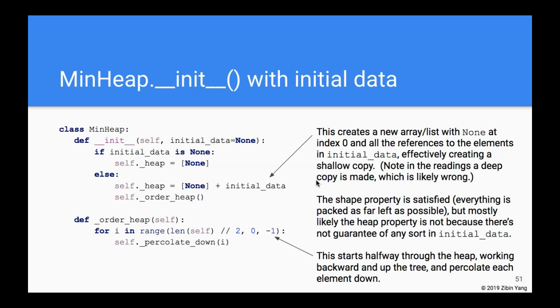Now, we have to point out, it's very important that this list concatenation creates a new list that is the concatenation of these two things, right? Now we're not making a deep copy of all the data that is in the list, right? This new list just contains the references to all the elements in the list of the initial data.